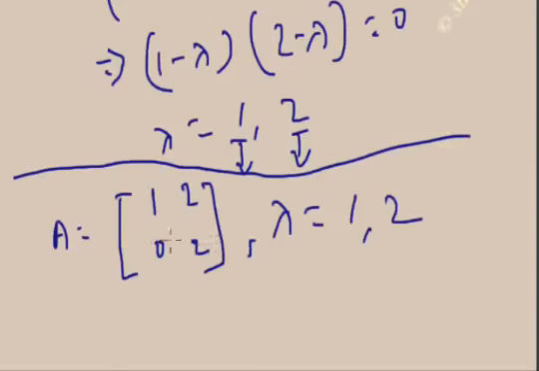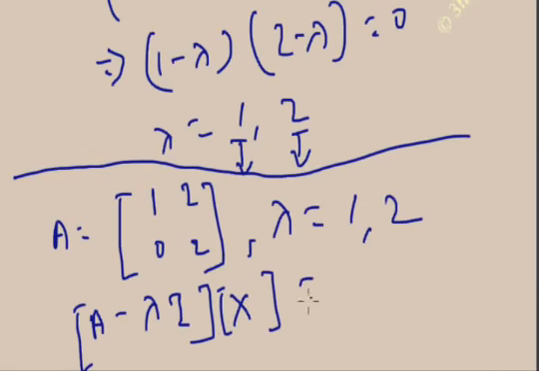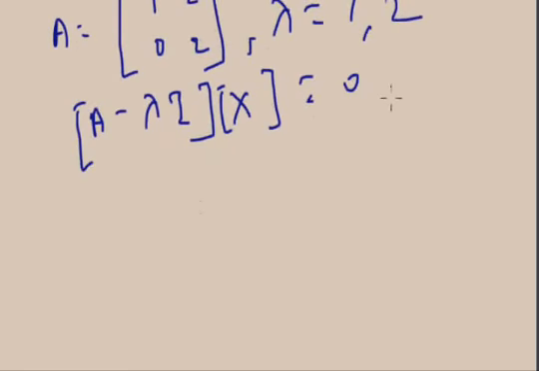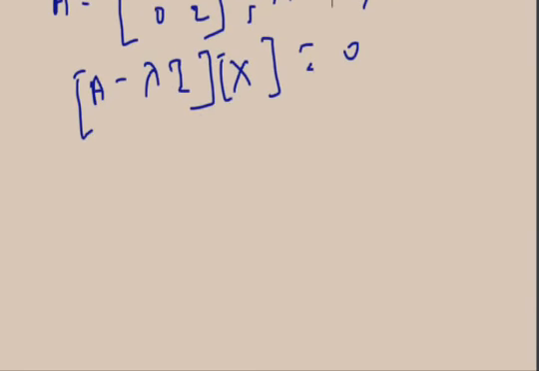Now A is this matrix and lambda is 1 and 2. Solve A minus lambda I into x is equal to 0 to find the eigenvectors. So first I will put 1 as lambda.